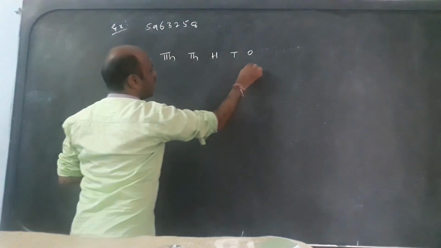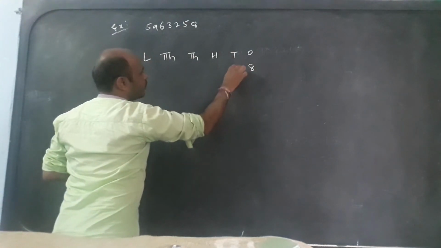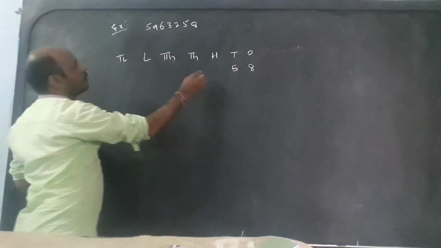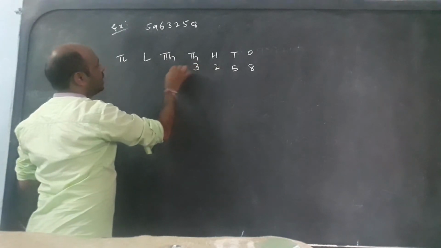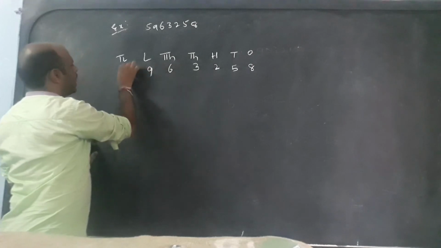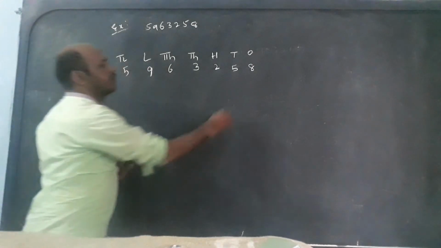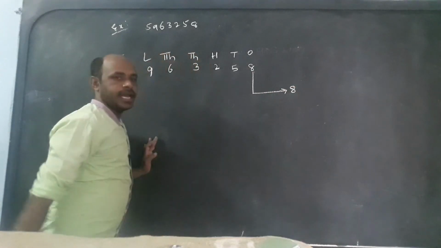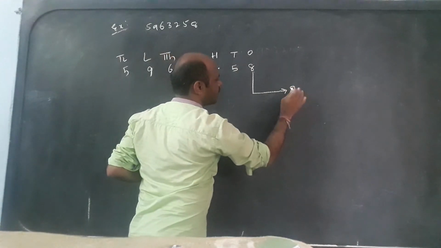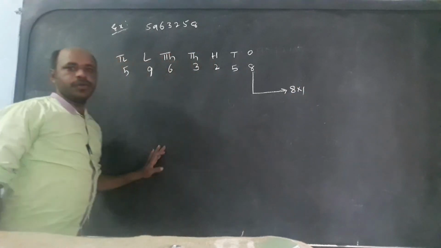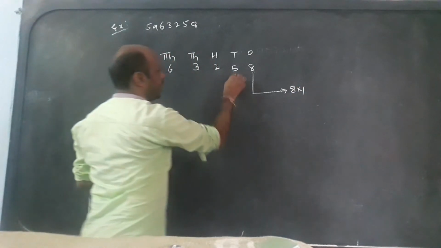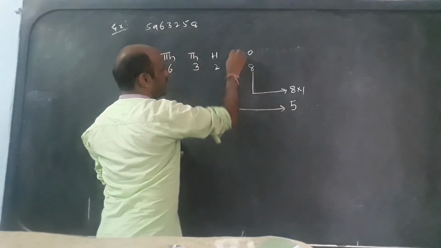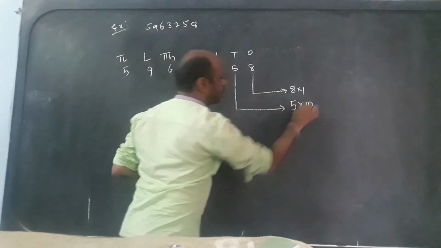Whenever we arrange place values, from right to left we arrange 5, 2, 3, 6, 9 and 5. The ones place has only 1, that is 8, so 8 into 1. Next is the tens place: 5 into 10.